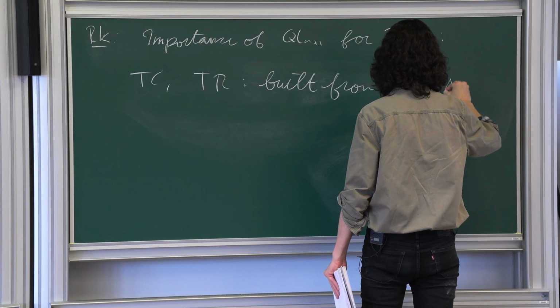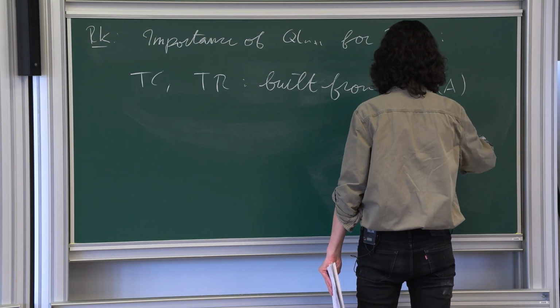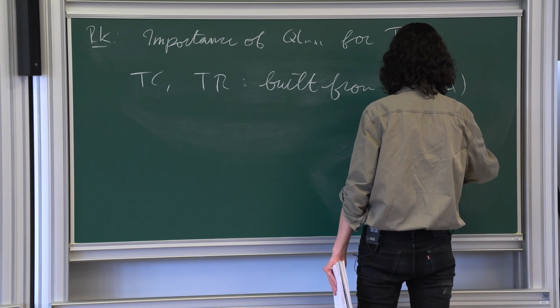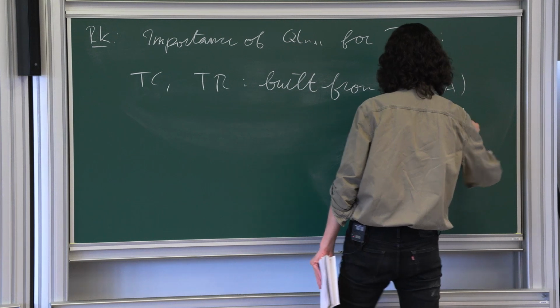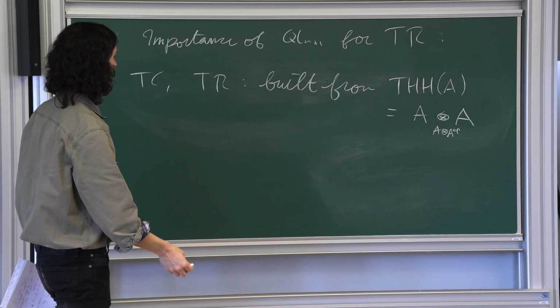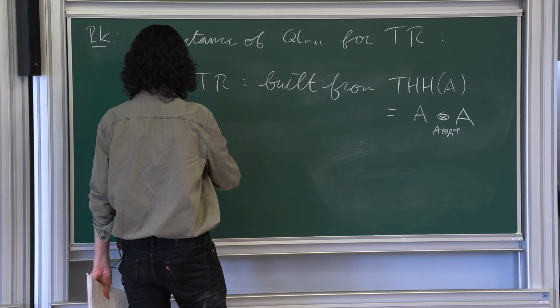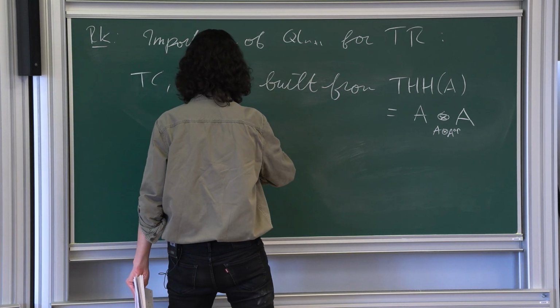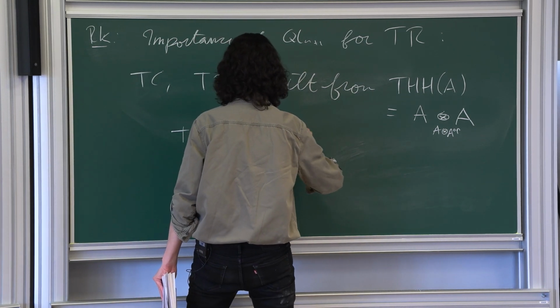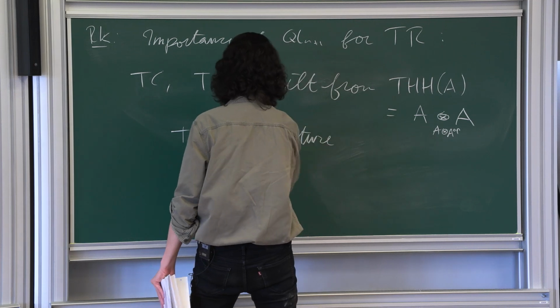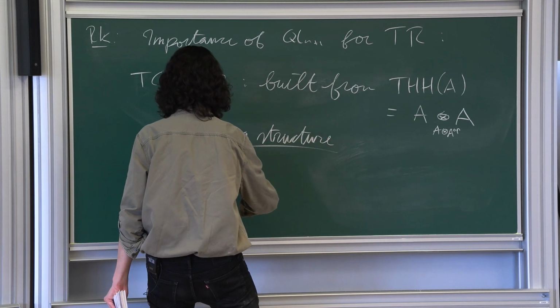THH of A is some tensor product like this, and this tensor product is all over the sphere spectrum, plus extra structure called the cyclotomic structure.